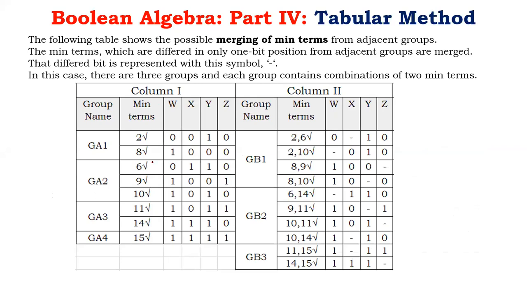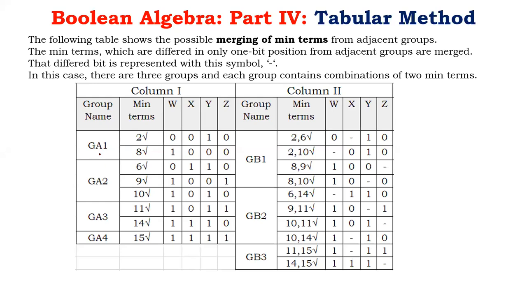Okay, so comparison means the successive group elements are compared with respect to the 1 bit position change. I have written the following table showing the possible merging of min terms from the adjacent group. So we can compare only GA1 with GA2, GA2 with GA3, and GA3 with GA4.